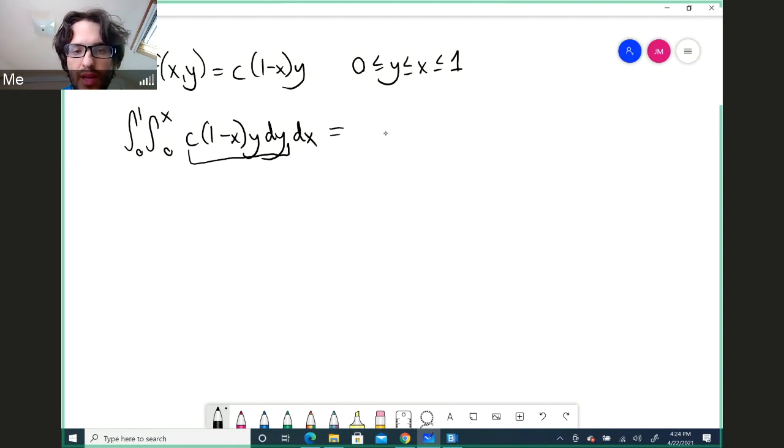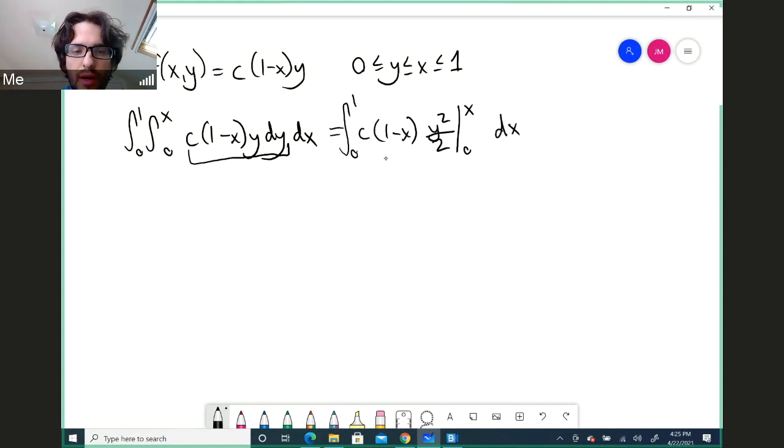So that ends up being c times 1 minus x, and then y squared over 2, evaluated from 0 to x. And of course we still have the outer integral, 0 to 1, dx.